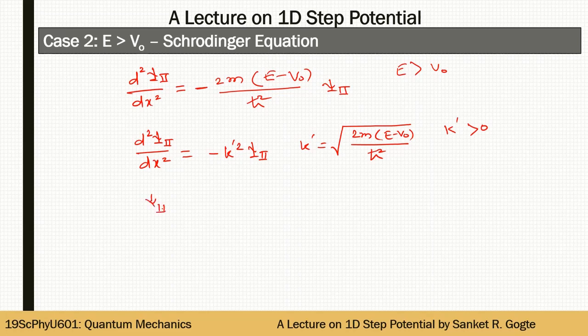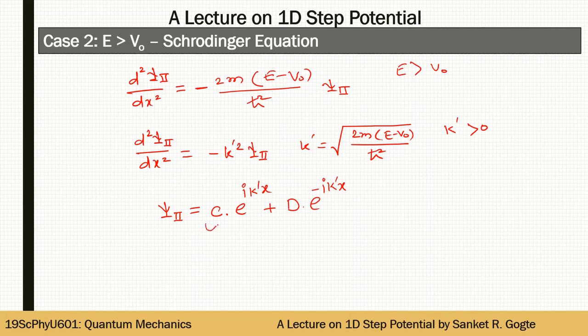Due to that negative sign, the solution to this equation is now a traveling wave solution. It's a complex solution, and psi 2 turns out to be equal to C into e to the power i k prime x plus D into e to the power minus i k prime x, where k prime is this positive constant. Now both these terms are traveling wave solutions.